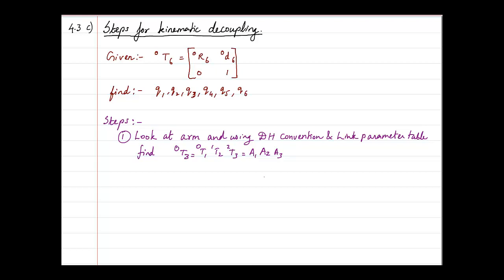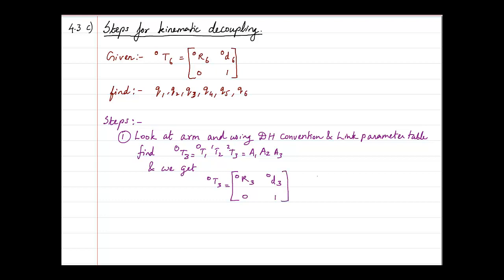Okay. So once that is done, what do we get? We get the matrix 0T3 as 0R3, which is the orientation part, and 0D3, which is the position part.